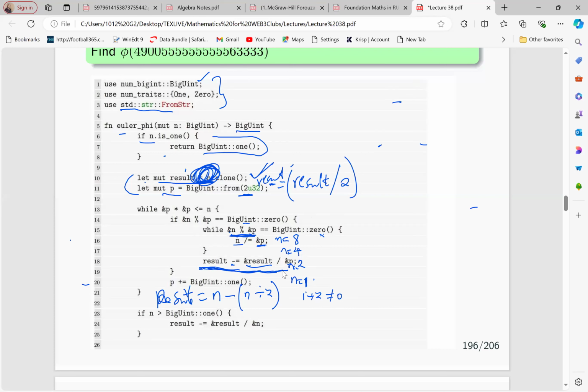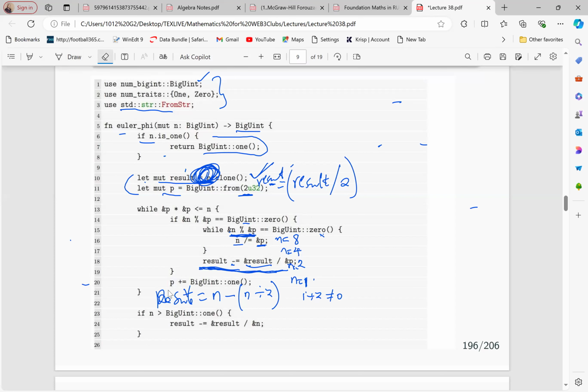Now, for our first P, we've exited this loop and updated the result. After updating that result, we then say move P plus 1.